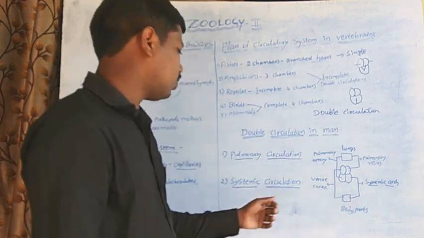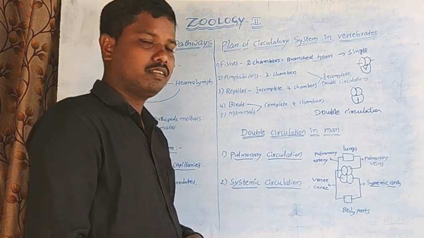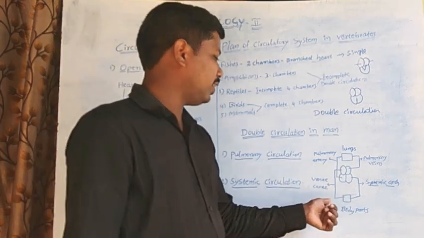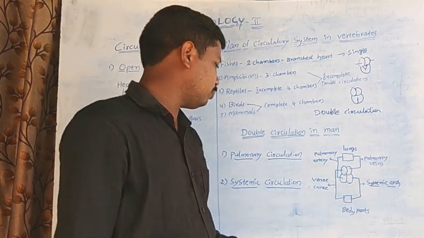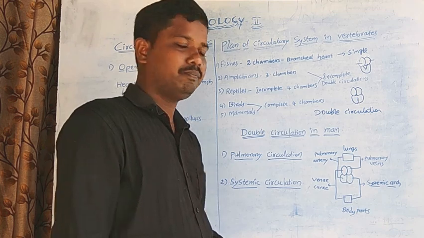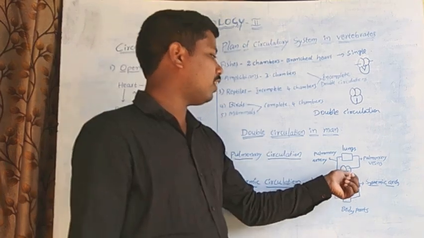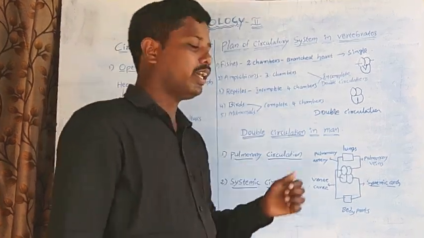This process is called systemic circulation. The circulation between the heart and body parts is called systemic circulation. The circulation between the heart and lungs is called pulmonary circulation.